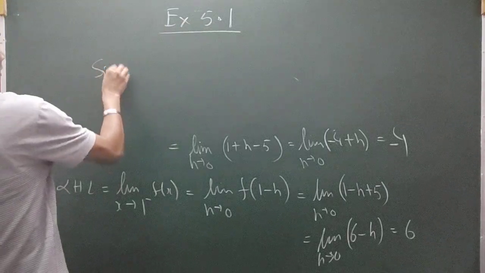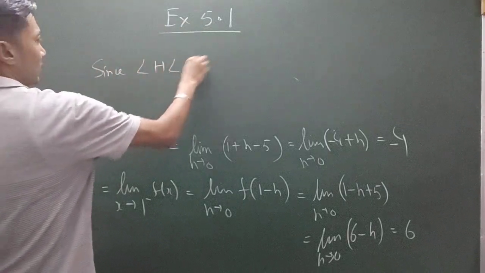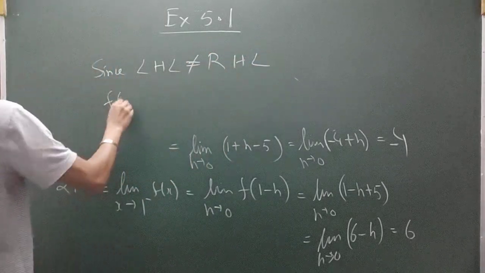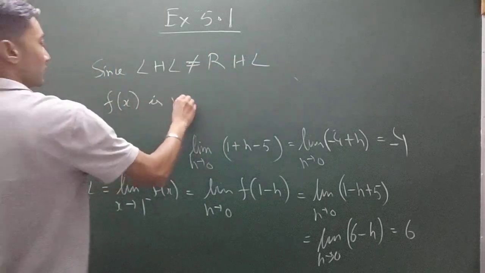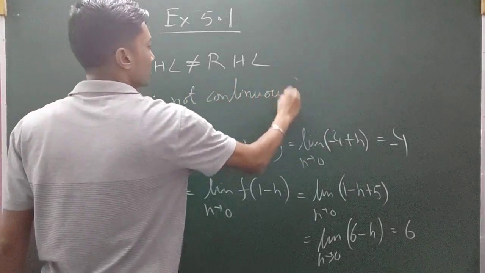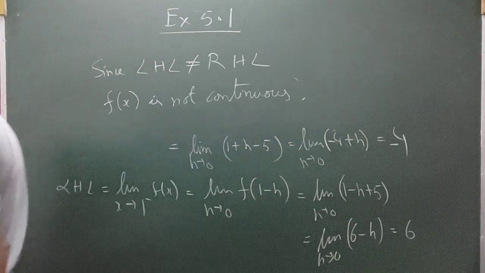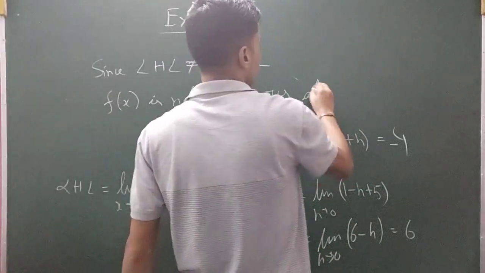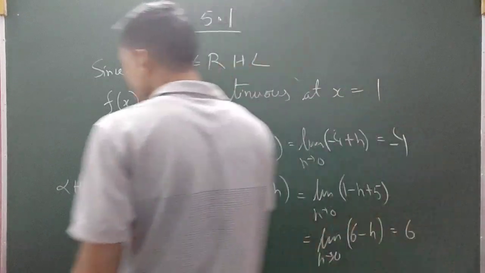Since the left hand limit is not equal to the right hand limit, what shall we write? f of x is not continuous at x equal to 1.